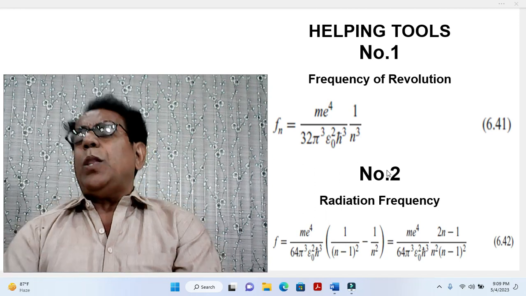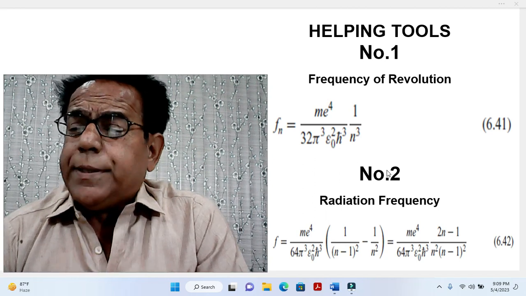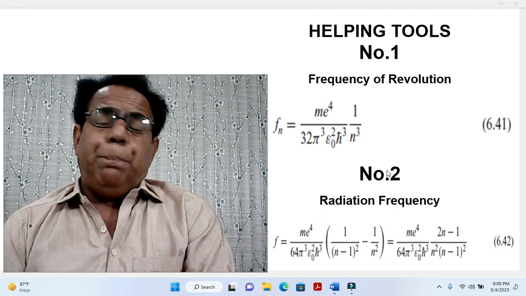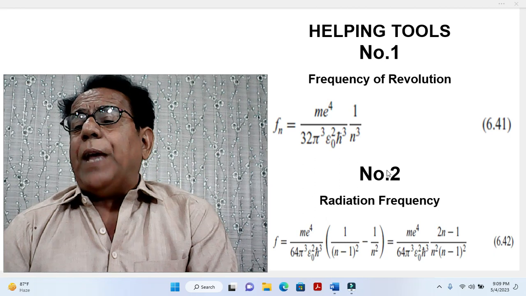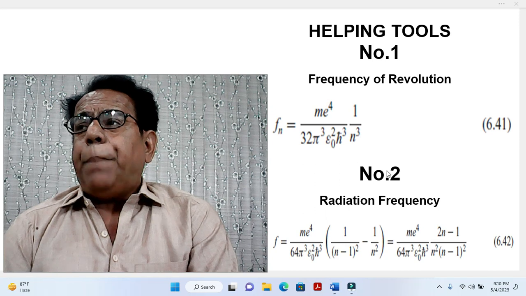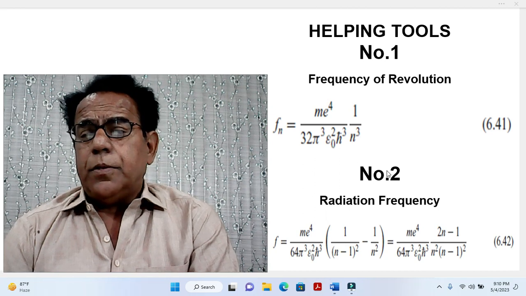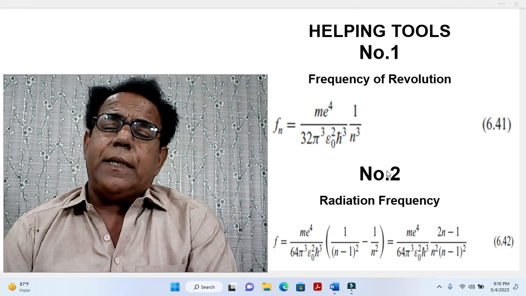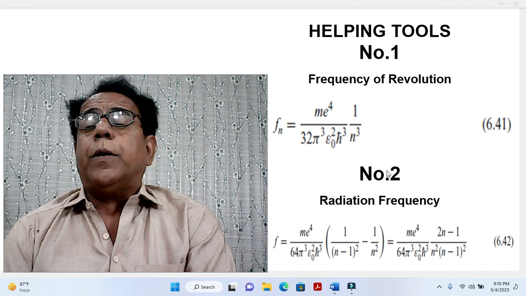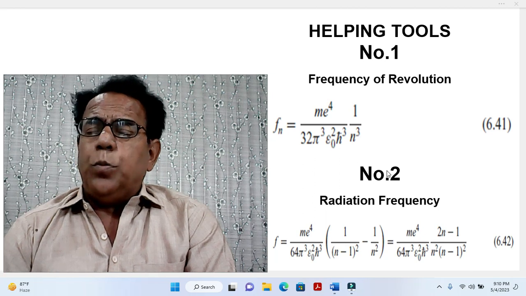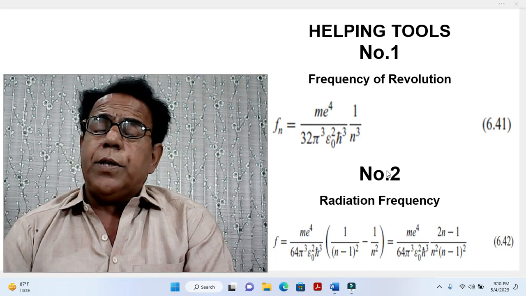For example, dear students, the most facilitating step in this problem is the value of e raised to power 2 divided by 4 pi epsilon naught. The value of that expression is equal to 1.440 electron volt into nanometer, or million electron volt into femtometer.